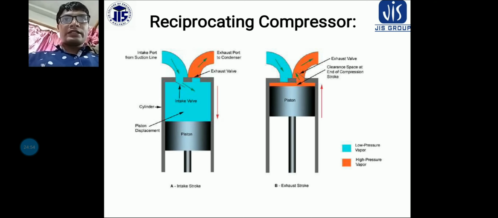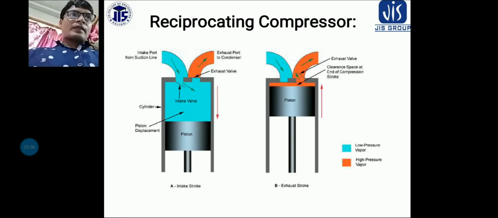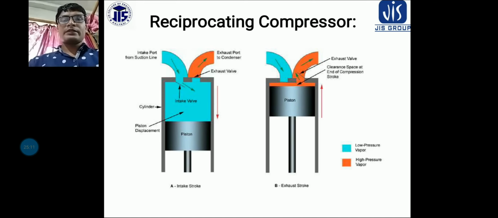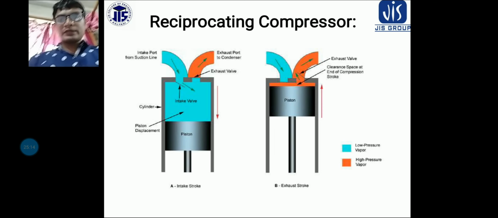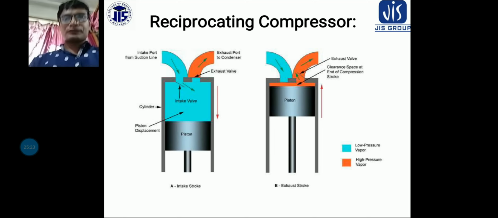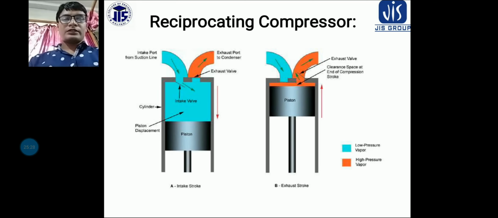In case of double acting horizontal compressor, the cylinder is arranged horizontally, and double acting means that in the two strokes we are getting two delivery strokes in one cycle, one rotation. Okay, so these are the types of the compressor.